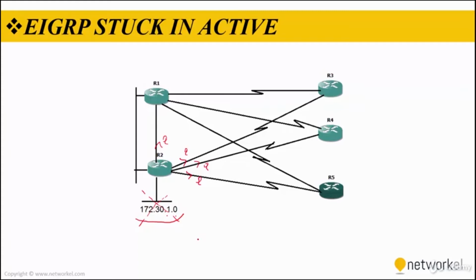Also, router 1, router 3, router 4 and router 5 start sending query messages for this network. The query comes to router 1. Router 1 says, I'm sorry, I don't have any path to this network, for example, and sends a query to the others saying, hey router 3, hey router 4, hey router 5, do you have any alternate path for the 1.0? Router 2 is asking me that.